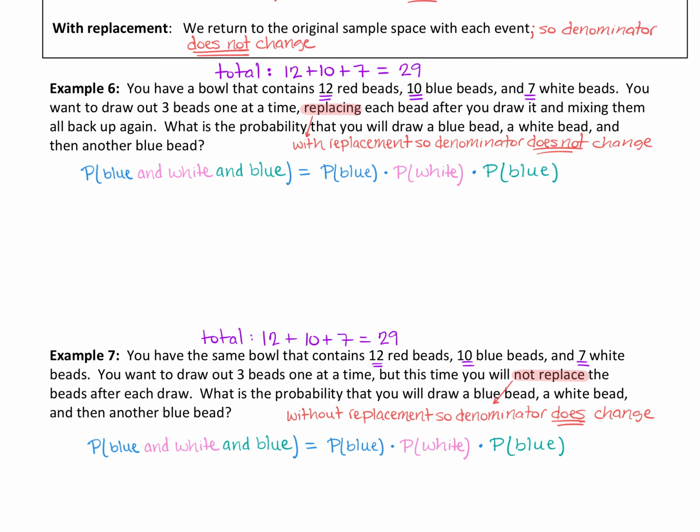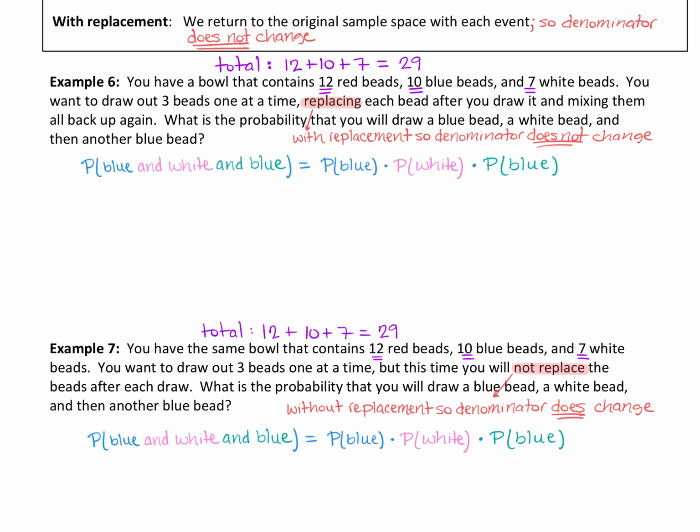With this example, we're talking about a bowl that contains different amounts of different colored beads. And when we count all of these beads together, we find that the total beads we have in this bowl are 29. We are replacing each bead after we draw it, and so that's with replacement, so the denominator does not change. And we want to find the probability of drawing a blue bead, a white bead, and then another blue bead.